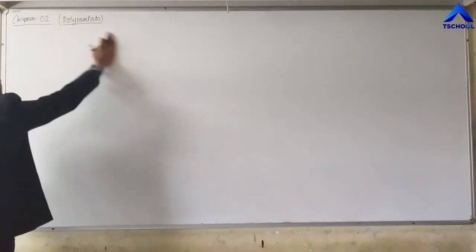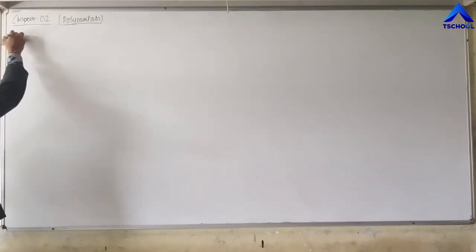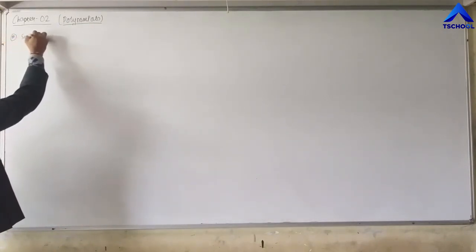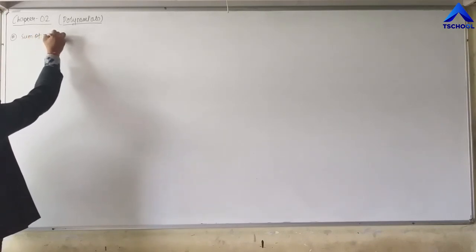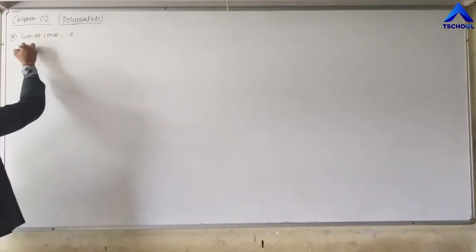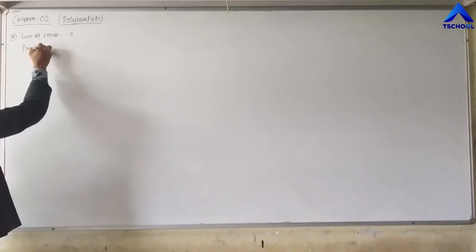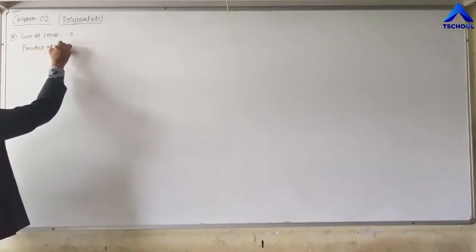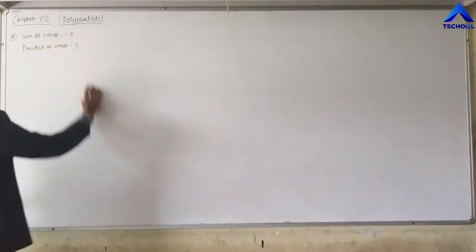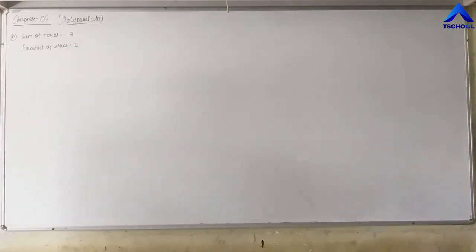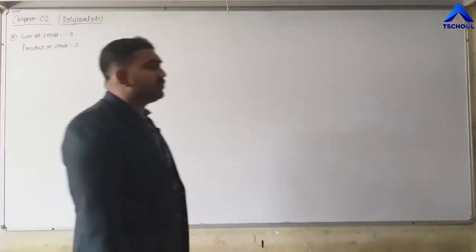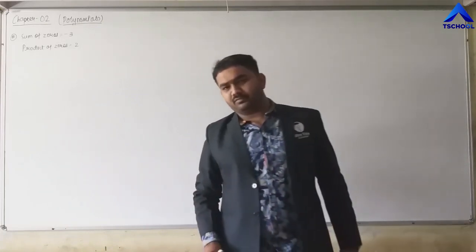Let me say that I am given the sum of zeros, that is minus 3, and the product of zeros, that is 2.